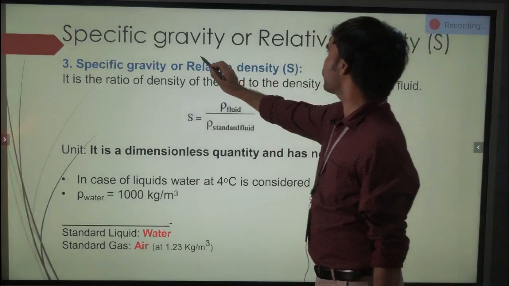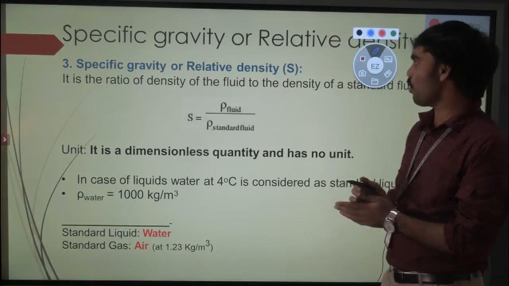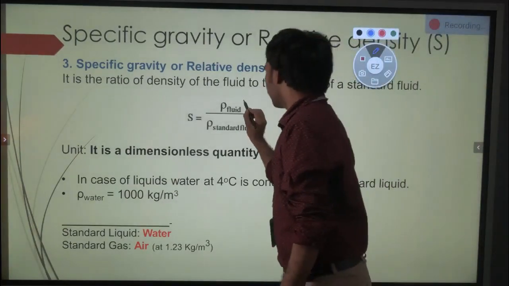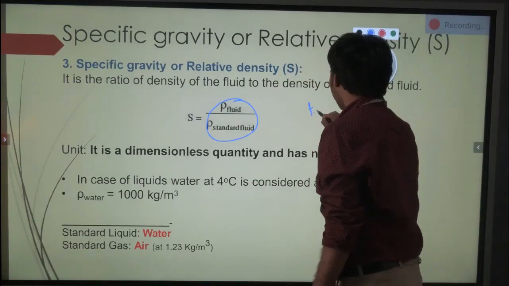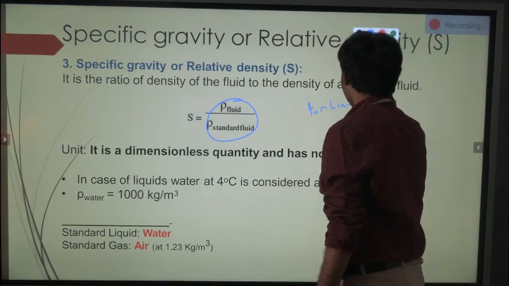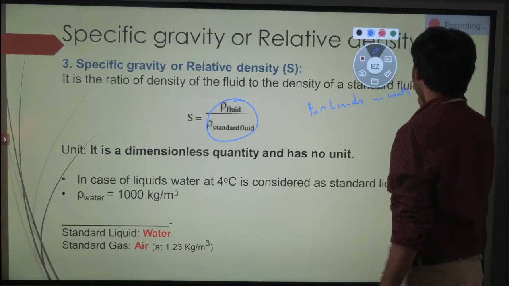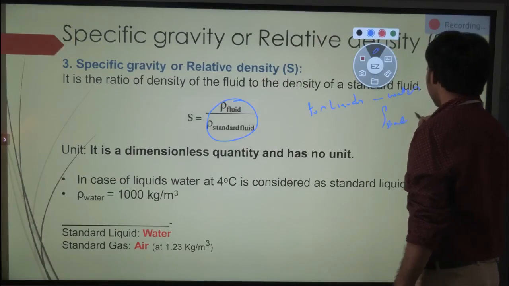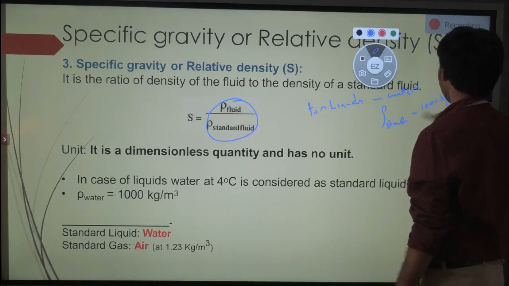The third fluid property is specific gravity or relative density, which is nothing but the ratio of density of the fluid by density of the standard fluid. For liquids, we will consider water as a standard fluid, that means it is 1000 kg per meter cube.